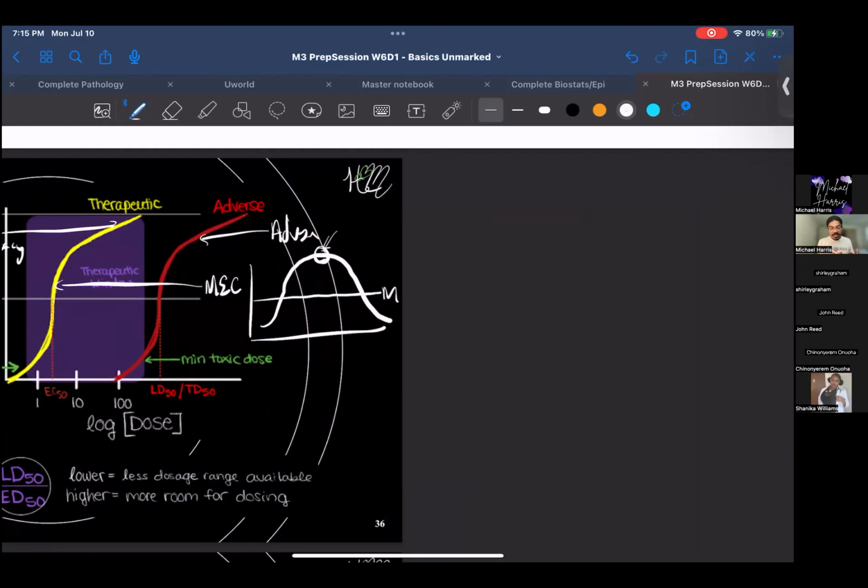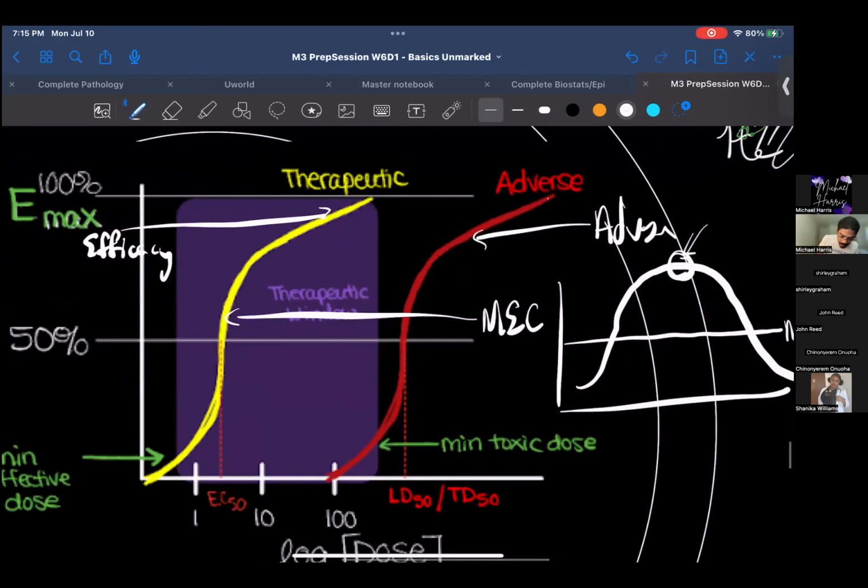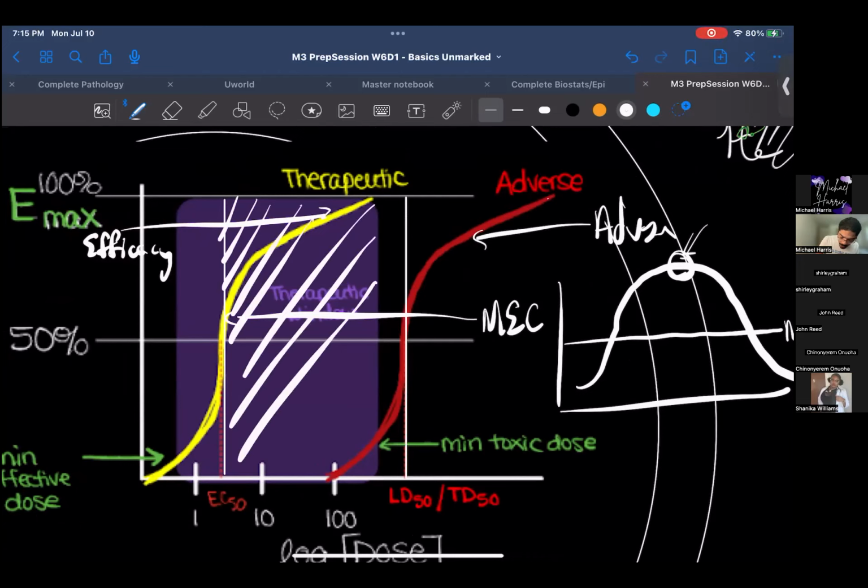However, you see here, there's a space between the 50% range of therapeutic and the 50% range of adverse.